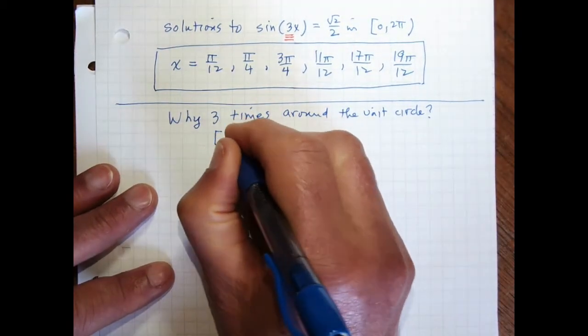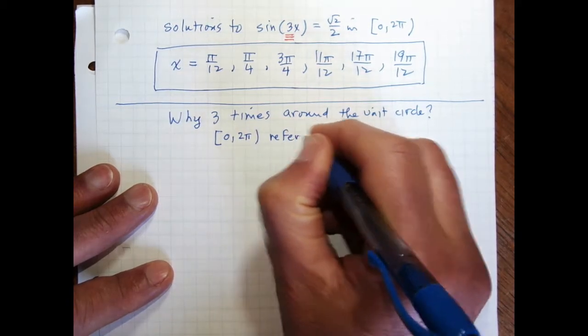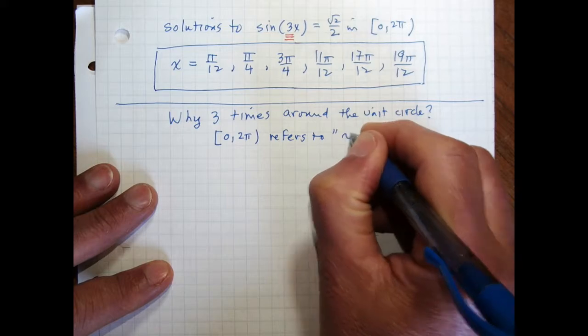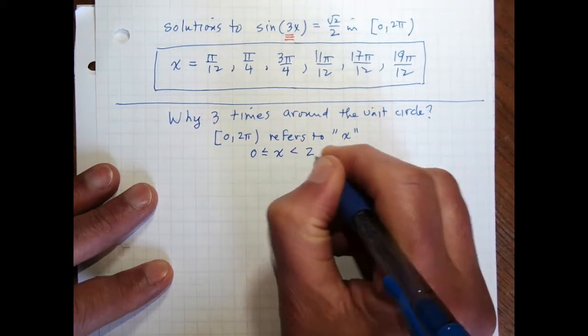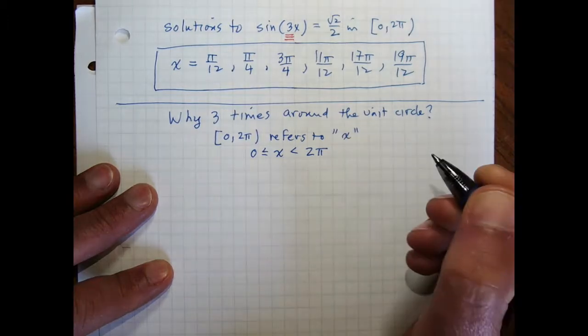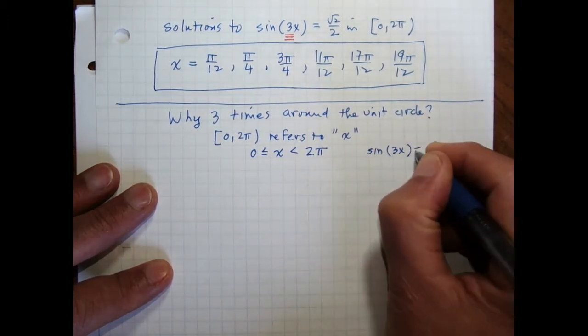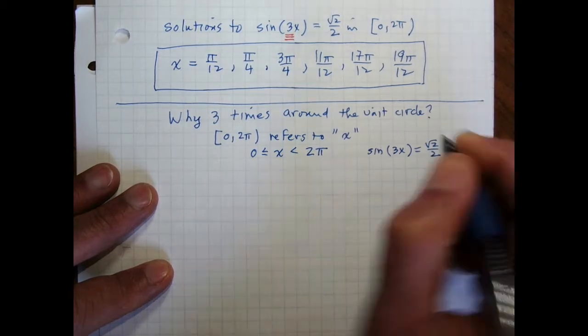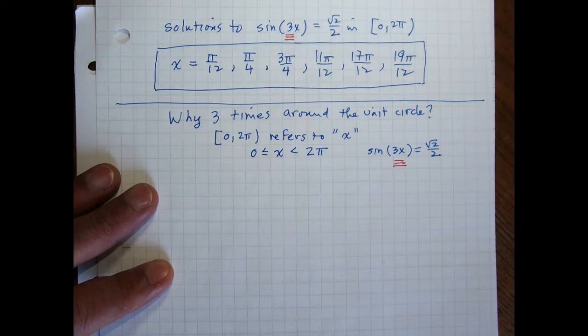Why 3 times around the unit circle? Well, let's go back to that interval, which refers to x: 0 is less than or equal to x is less than 2 pi. When we write that equation, sine 3x equals square root of 2 over 2, we need to figure out what this means about that quantity 3x.